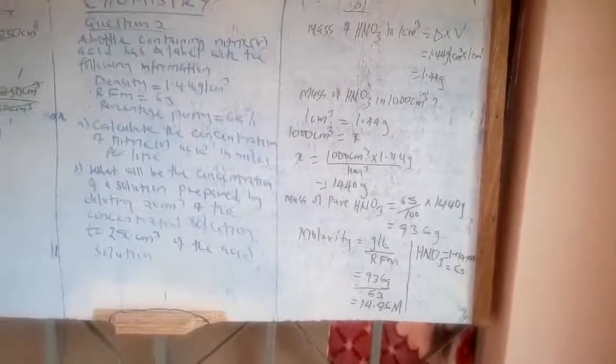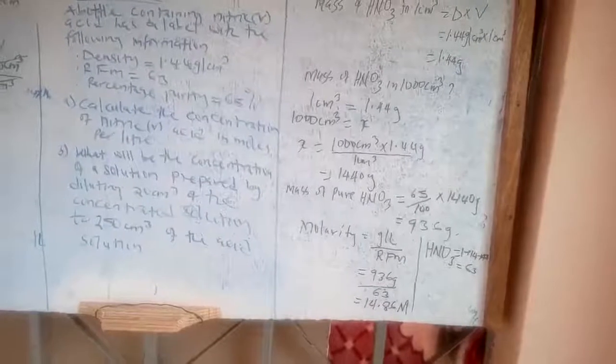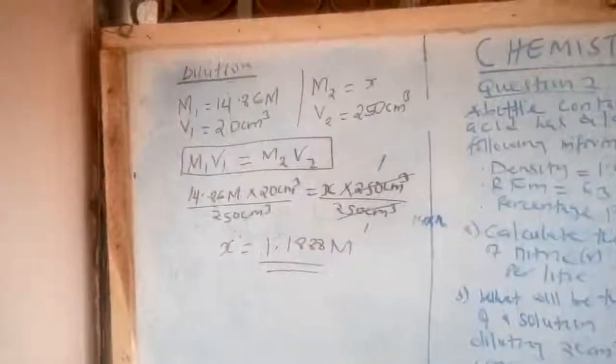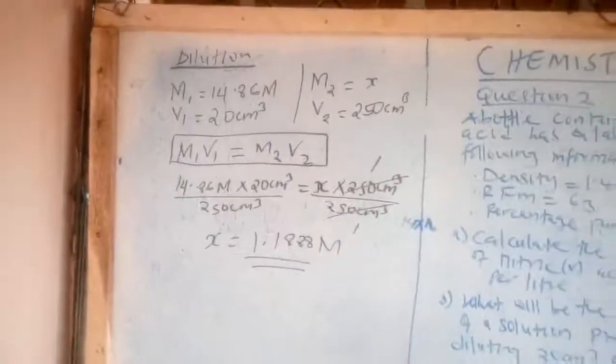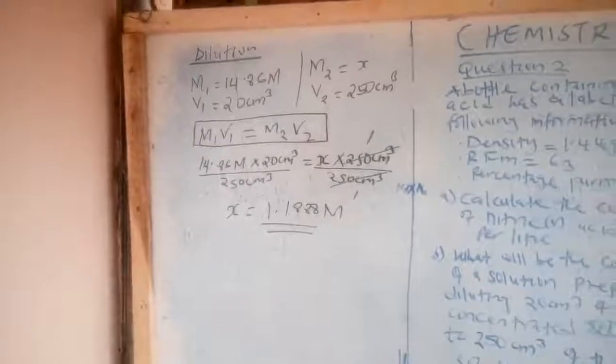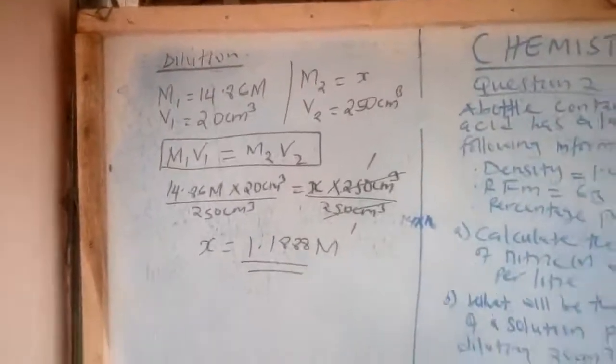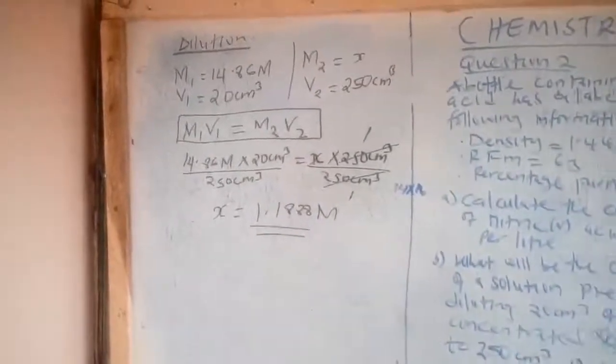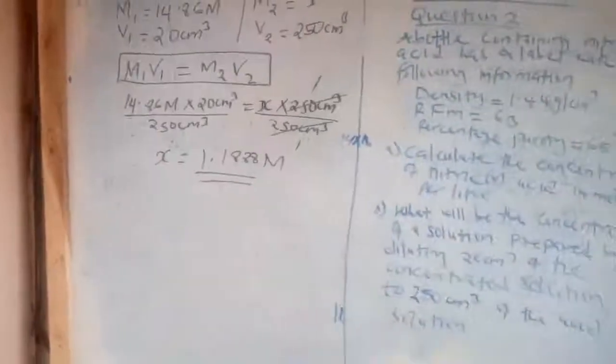And therefore, after getting that, that is the concentration of the concentrated acid. And the volume of the concentrated acid which was used was supposed to be 20. But the unknown information in this question is the concentration of the diluted acid after adding distilled water.